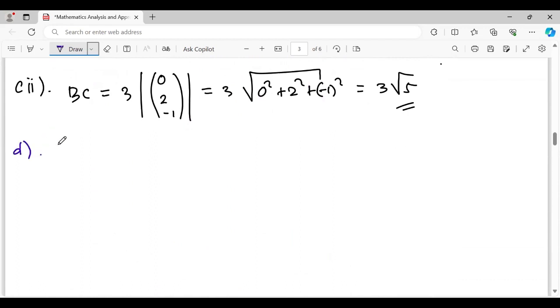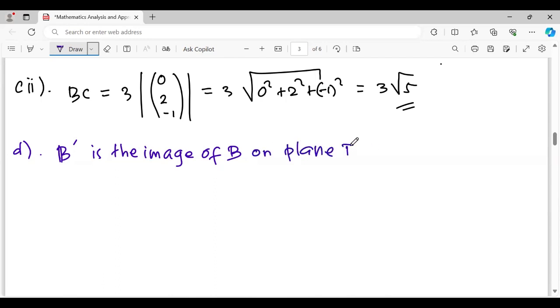I'm going to use B apostrophe, the symbol of the image. So B apostrophe is the image of B in plane pi.